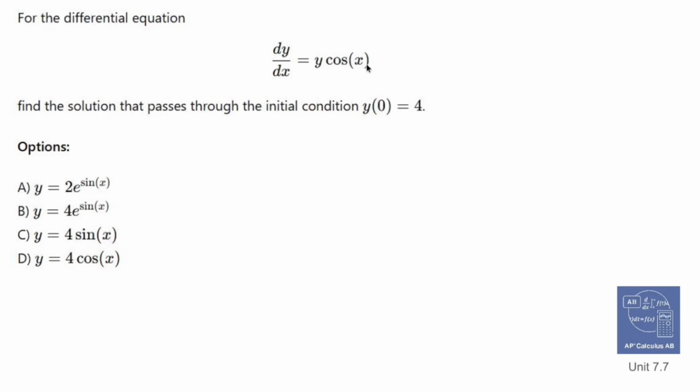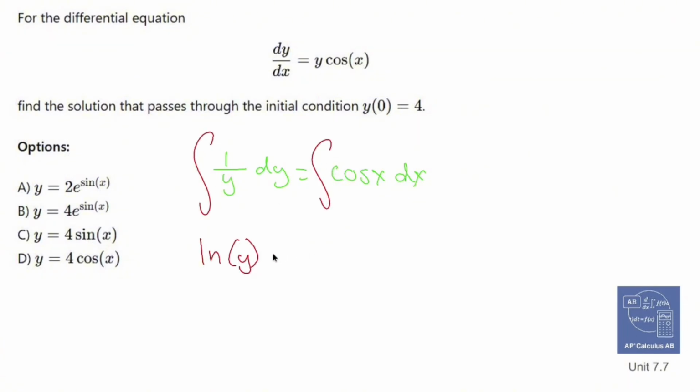So let me multiply both sides by dx and then divide both sides by y to get 1 over y dy equals cos x dx. I'm going to integrate both sides like so. That'll get me ln of y plus regular c equals sine x plus c.